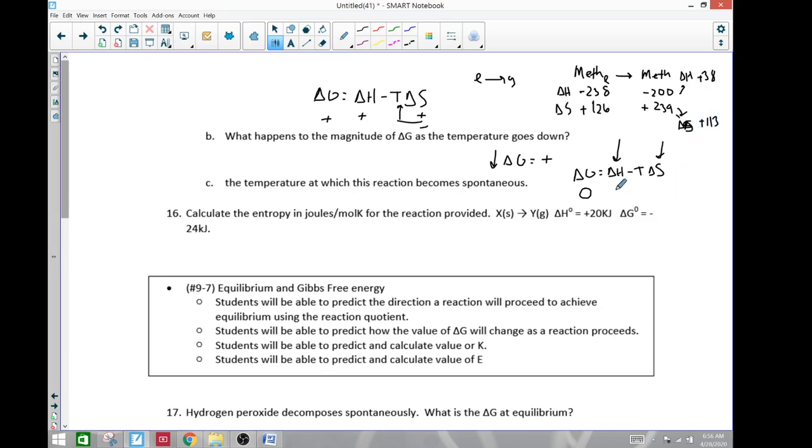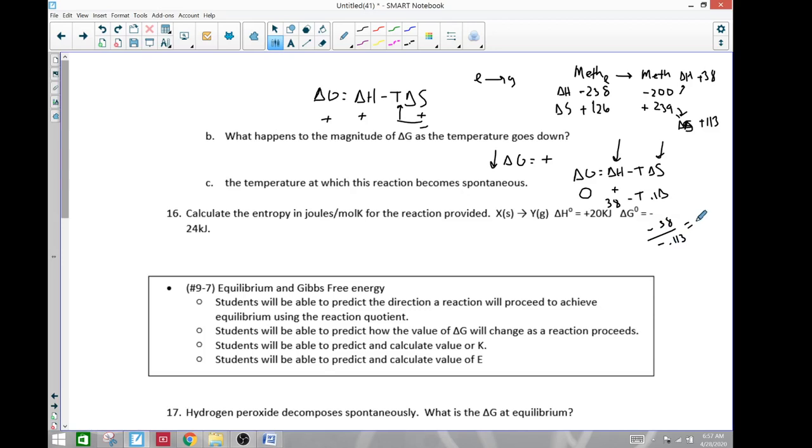All right, so this is positive, and it is 38. This is minus, looking for T, and this is positive 0.113. And I must subtract this over, solving for T, so it's going to be negative 38 divided by negative 0.113, and we get the temperature at which it becomes spontaneous.